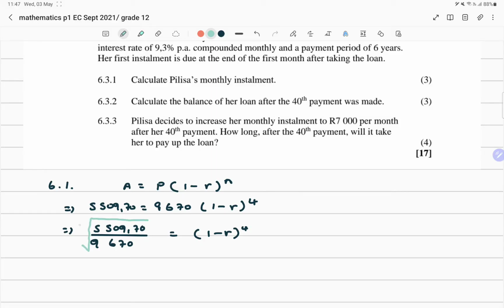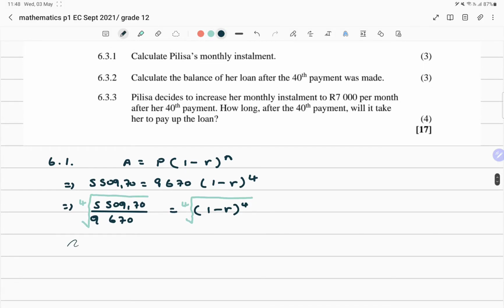You always do an inverse operation here, because what you do on the right hand side you must do on the left hand side. Easy stuff. So now all we know is that on this side we're going to have 1 minus r. That's what we're going to have.